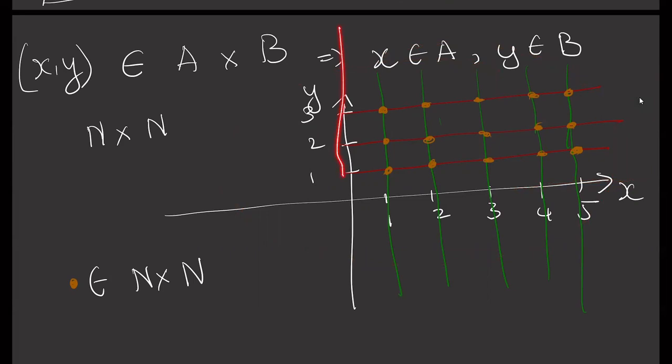This part also contains more values. There will be more intersections, right? And all those orange dots represent elements of this set. This set has infinitely many elements, and they are some of those elements.